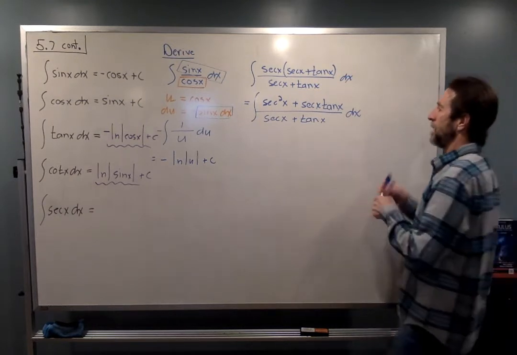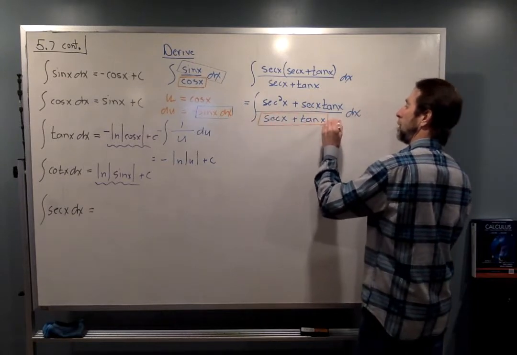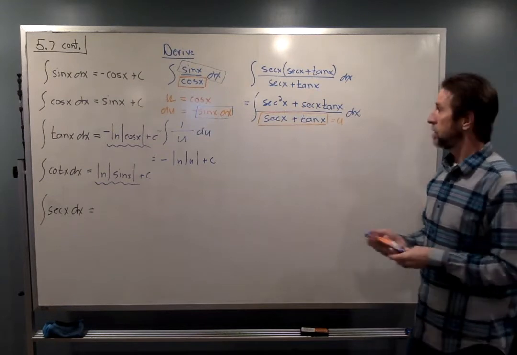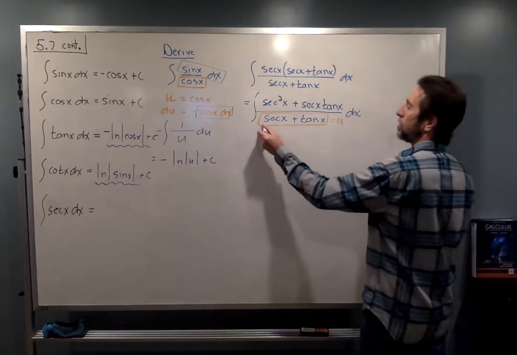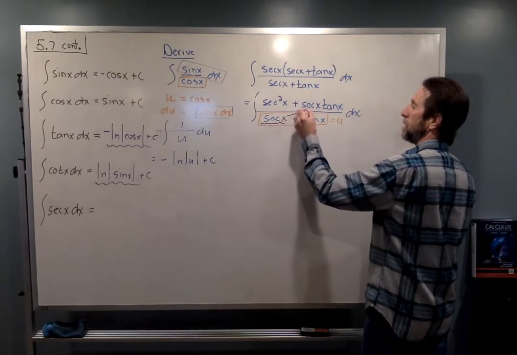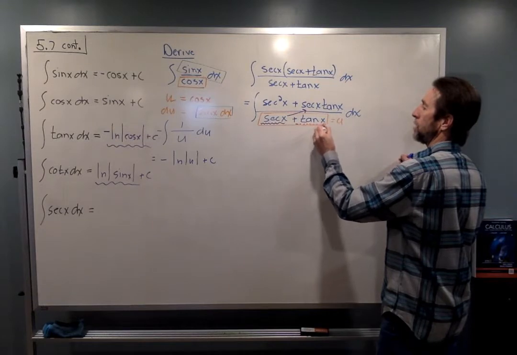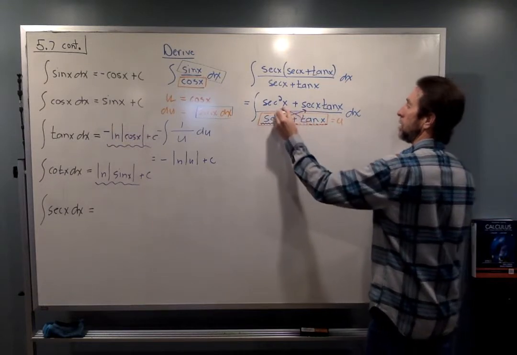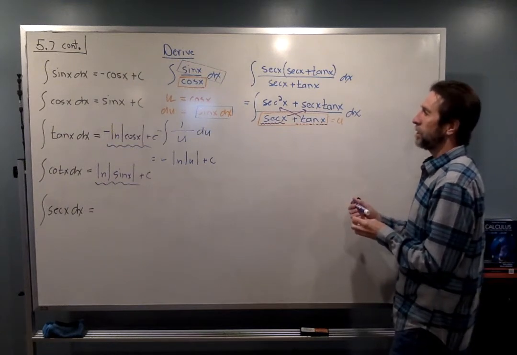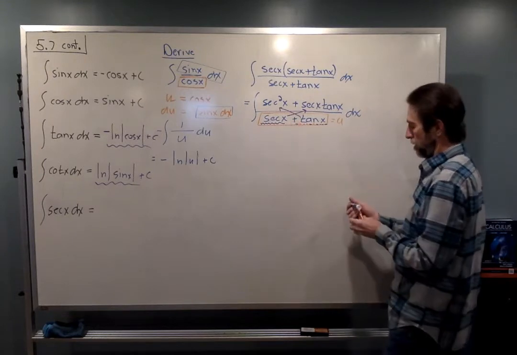It turns out that if I would let this be u, the numerator is its derivative. Because look, what is the derivative of secant? It's secant tangent. And what is the derivative of tangent? It's secant squared. So when all is said and done, this thing would actually be equal to the log of secant plus tangent.